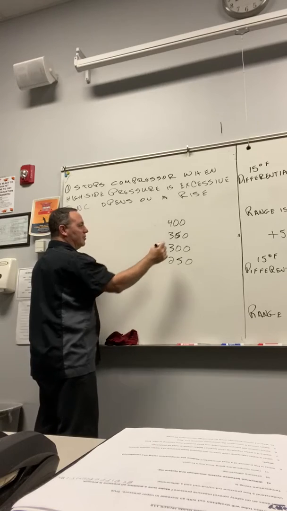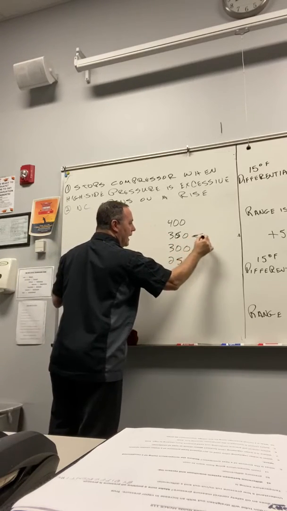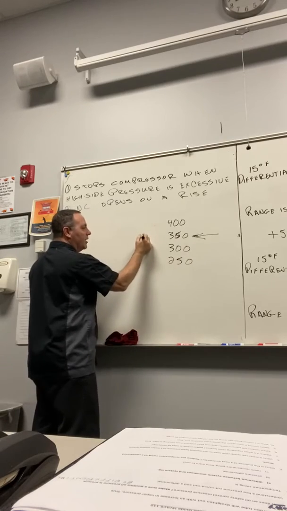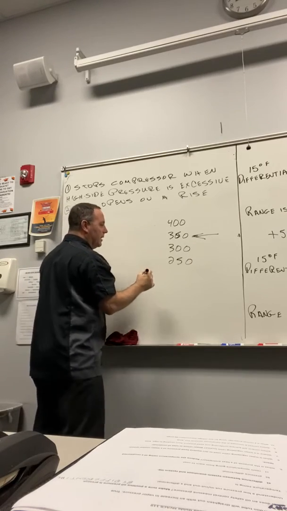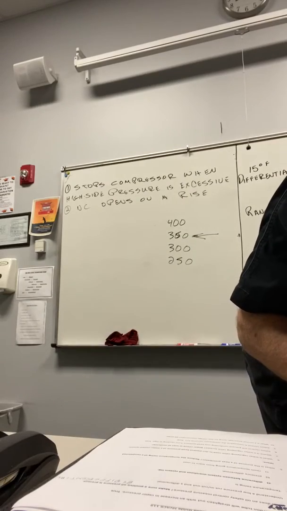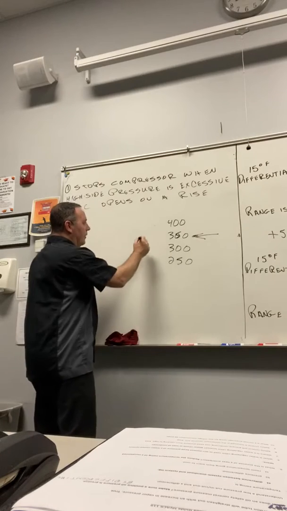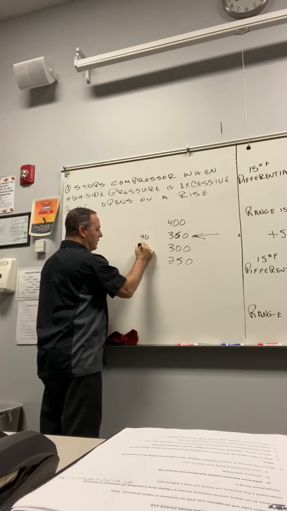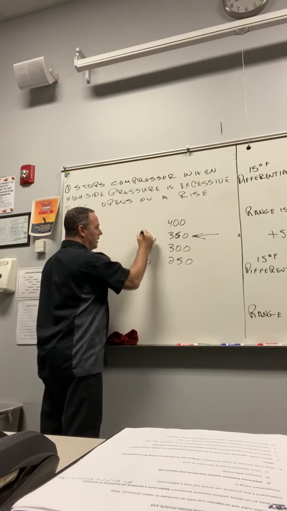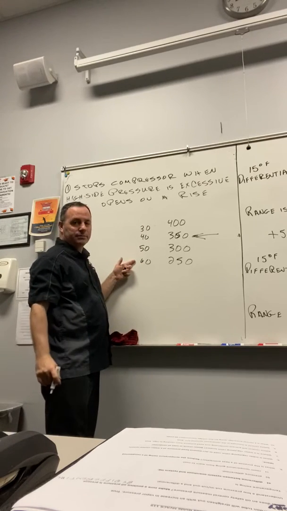All right, so let's say I wanted to cut out at 350. Now on this side, they have something that looks more like on a high pressure switch. It depends on the manufacturer. They'll have 40, 50, 60, 30, whatever. This is the differential.